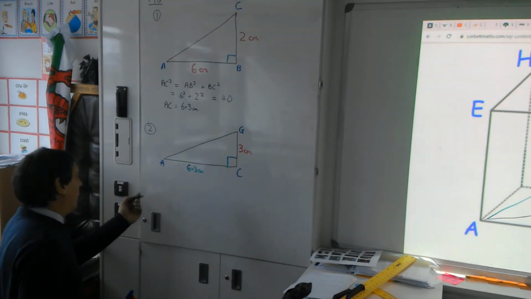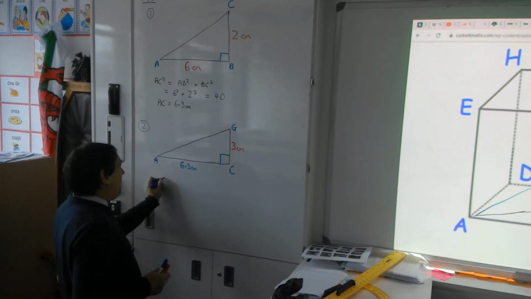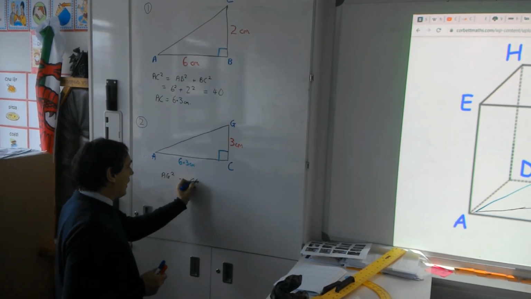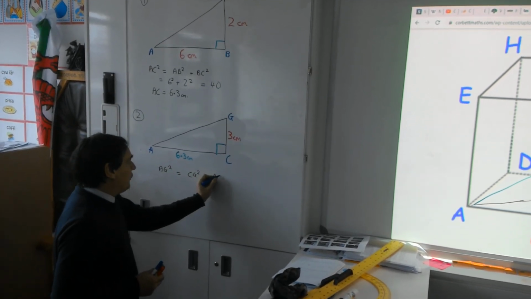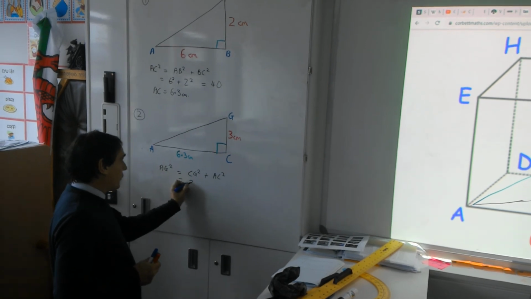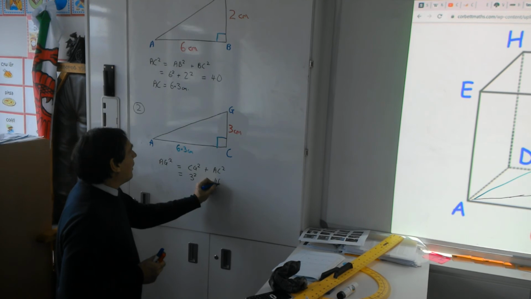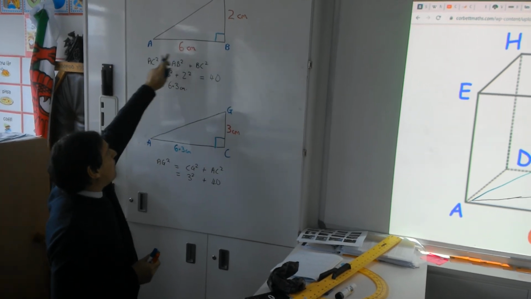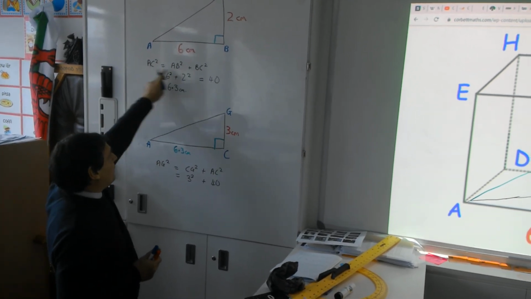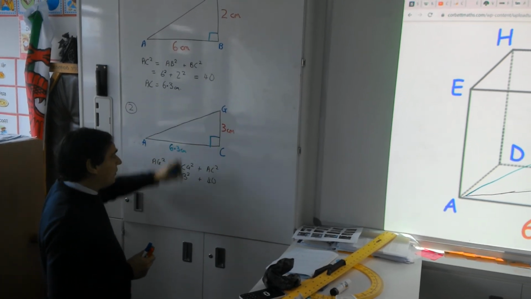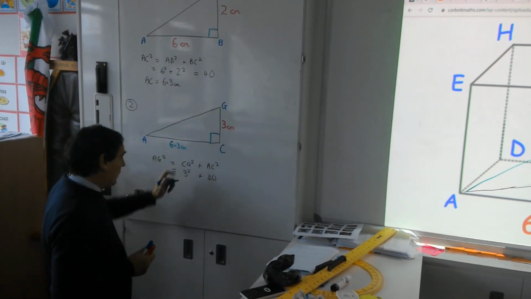So we're going to have AG squared equal to CG squared plus AC squared. That gives us 3 squared plus 40. Now I can write 40 straight away because I remember that AC squared was 40 from the previous question. I only got that 6.3 when I square rooted it. That's a common shortcut that you can use.